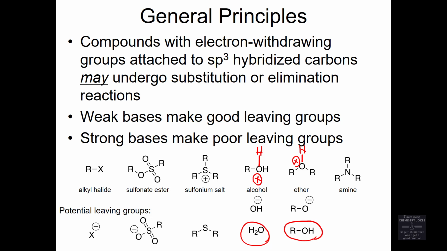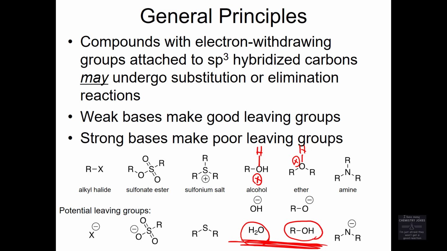So alcohols and ethers have naturally bad leaving groups, but if you react alcohols and ethers in acid, the acid can turn alcohols and ethers into reasonable leaving groups because these bases are weak enough bases to be good leaving groups. An amine is going to be an N minus regardless.